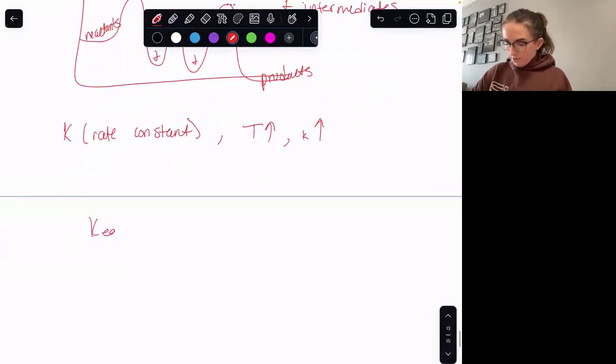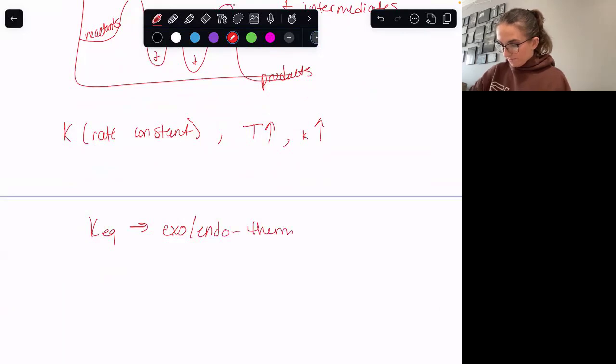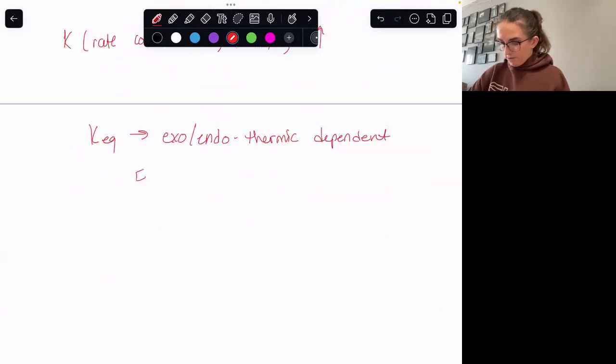For KEQ, this is exo or endothermic dependent. So if it is endo, that means that delta H is positive. And if it's exo, then delta H is negative.